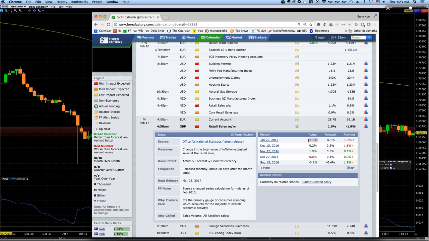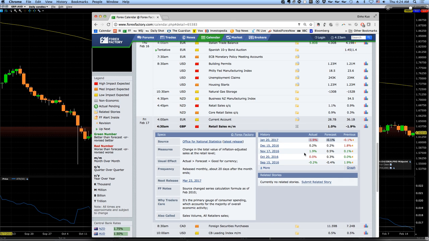So this got people starting to worry, saying that, okay, now the effect of the weaker sterling really started to kick in for the economy. Now it's not looking too well, because once it continues, then not only will the Bank of England not be able to hike the interest rate, they actually have to stimulate the economy, because right now it's getting into a recession. So that was what happened last time.